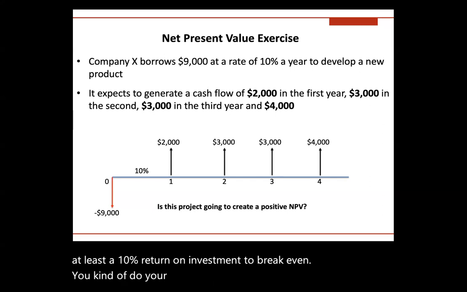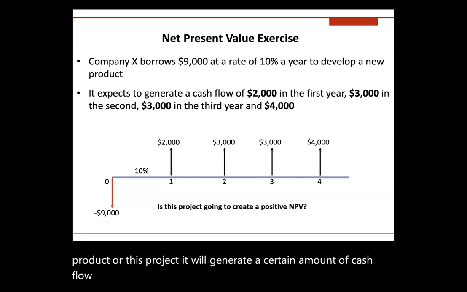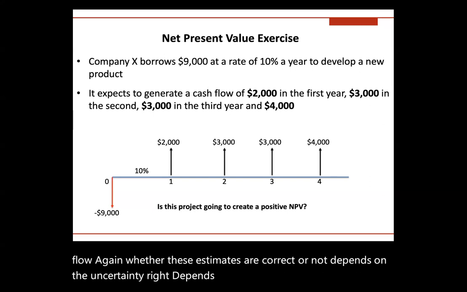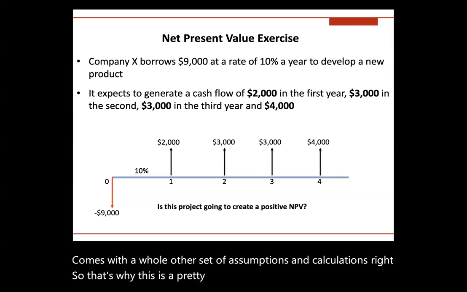You know that if you develop this product or this project, it will generate a certain amount of cash flow. Again, whether these estimates are correct or not depends on the uncertainty. It comes with a whole other set of assumptions and calculations, so that's why this is a pretty simplified case.